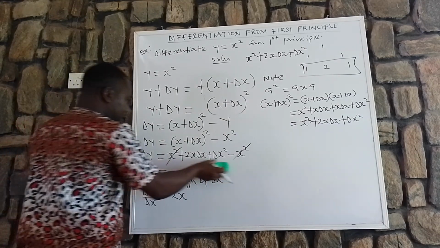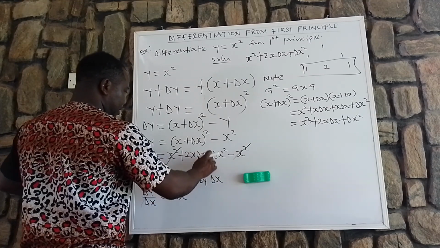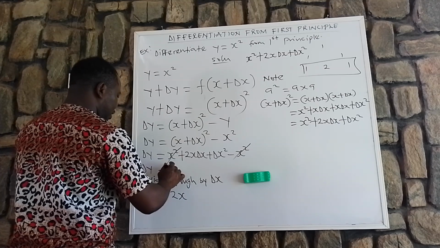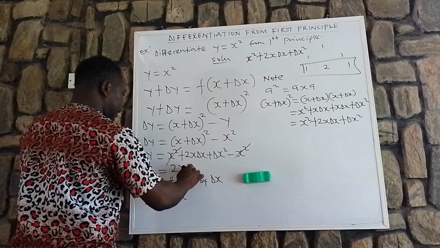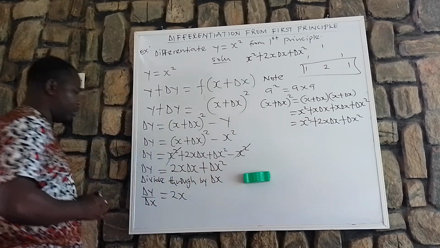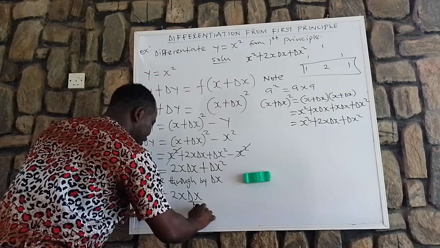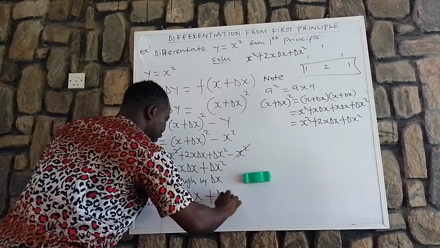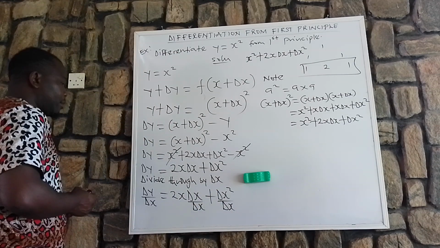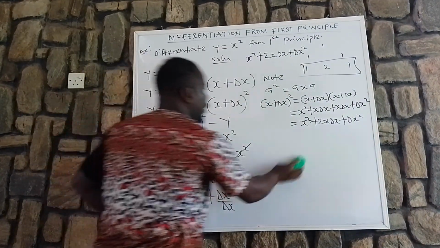Is that clear? Because if this one and this one cancel, we'll have 2x dx plus dx squared. So here will be 2x dx all over dx plus dx squared all over dx.